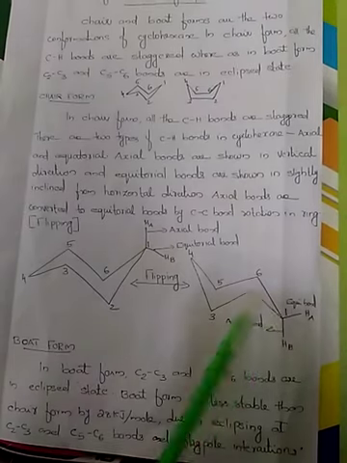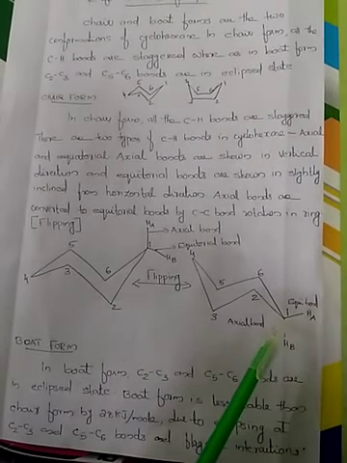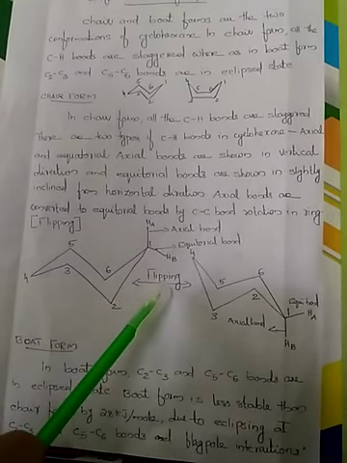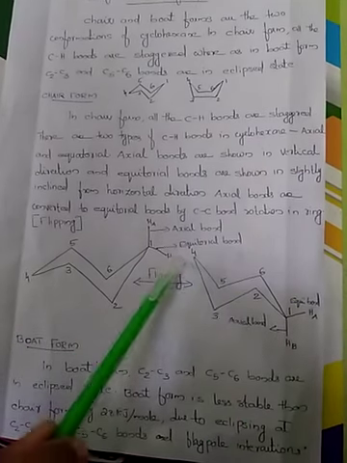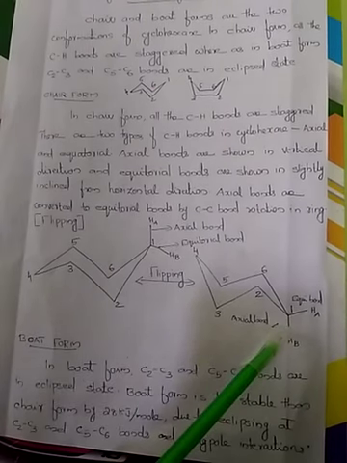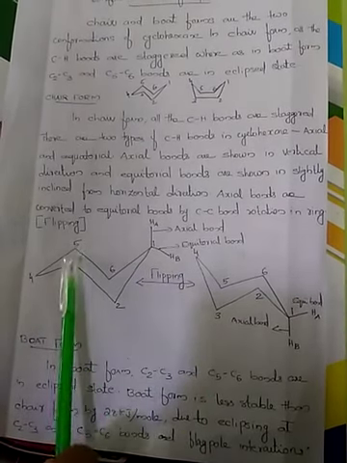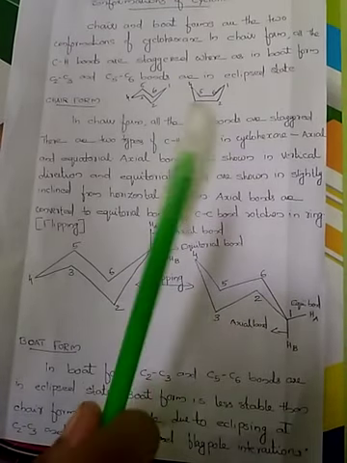We can see through this diagram, this is the first carbon atom, HA axial position. When flipping is done, it comes to equatorial bond, and HB in the equatorial position comes to axial position. So, by ring flipping, we can convert axial bond to equatorial and equatorial bond to axial.